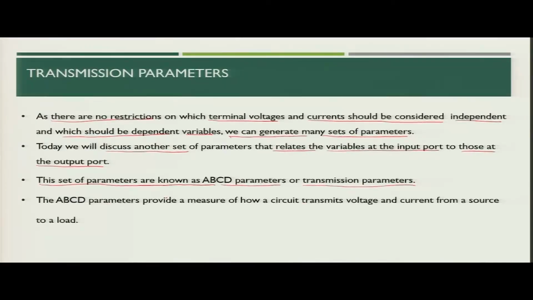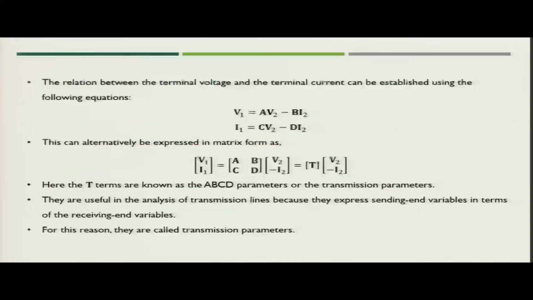ABCD parameters are very important in power systems because they provide a measure of how a circuit transmits voltage and current from source to load. So, the relationship between V1, I1 and V2, I2 is important. We will discuss the ABCD parameters today.